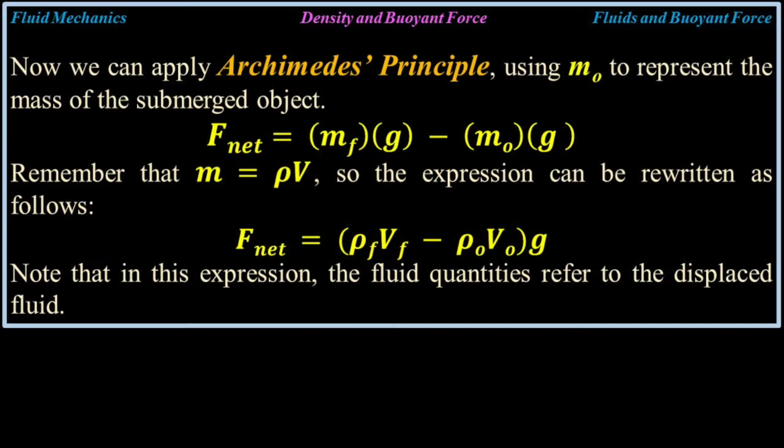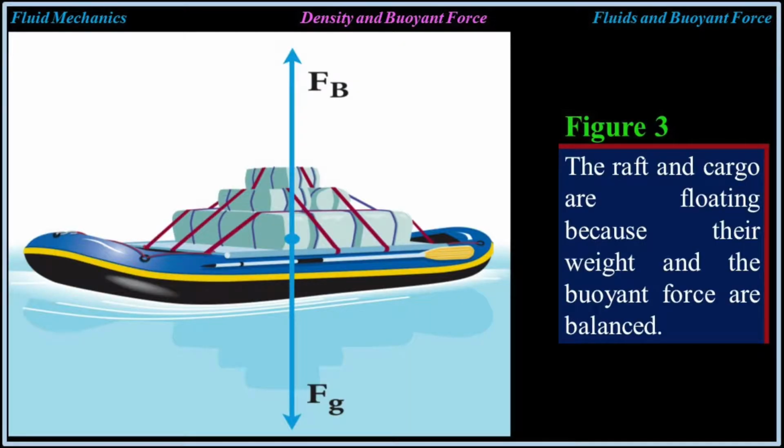Note that in this expression the fluid quantities refer to the displaced fluid. The raft and cargo are floating because their weight and the buoyant force are balanced. It's figure 3. When Fb and Fg are equal, they float.